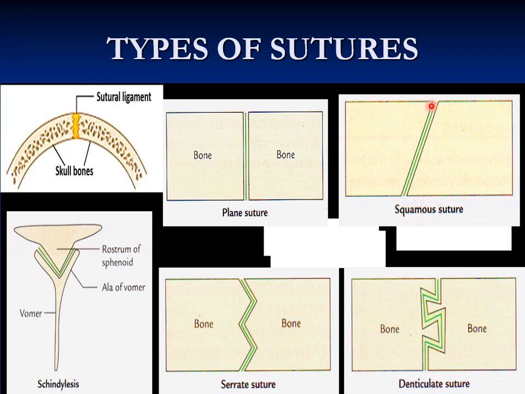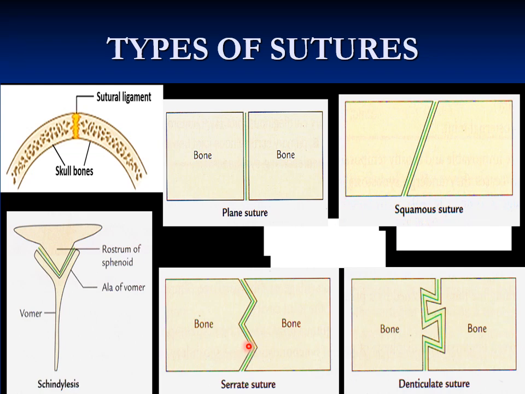Now if the edges are beveled, you can see here, these are not plane and perpendicular, rather they have this sharp edge here. So this is the beveled margin of one bone. It is reciprocally fitted into the beveled margin of the other bone. So these sharp beveled margins are overlapped together, making the squamous variety of the suture. So in squamous sutures, the margins of the bones are beveled.